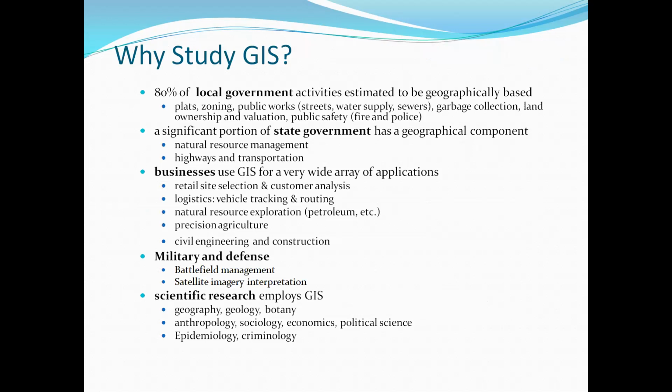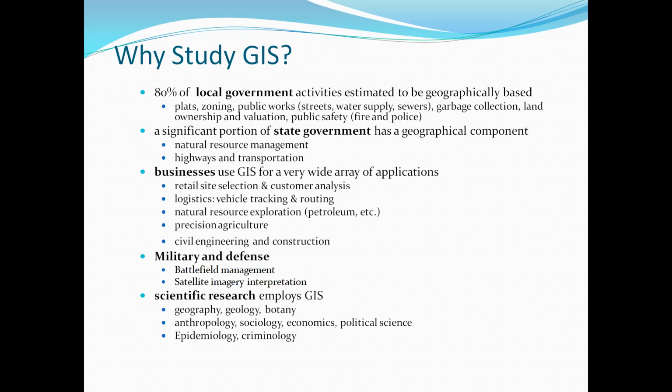Why study GIS? 80% of local government activity is estimated to be geographically based, like zoning, public works, garbage collection, land cover and land use change in the city, and public safety, so they use GIS methods. A significant portion of state government has a geographical component, like natural resource management and highway or transportation.